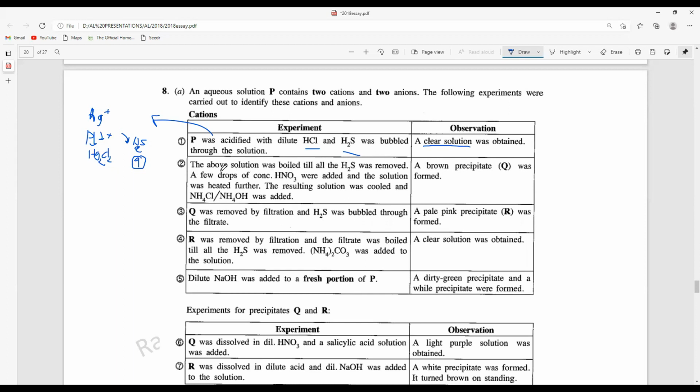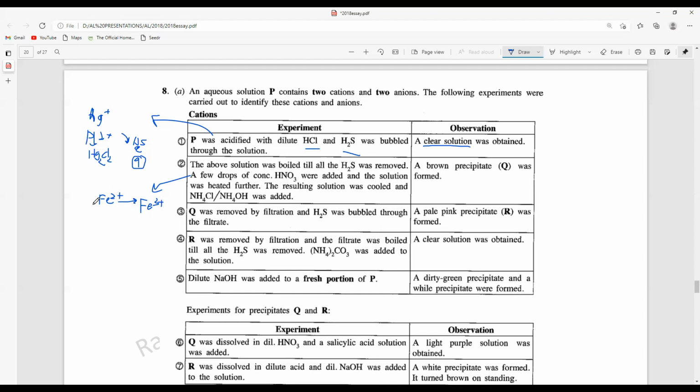Okay. The above solution was boiled till H2S was removed. A few drops of conc HNO3 were added. If you remember about group 3, we normally add this HNO3 to convert Fe2+. If Fe2+ is here, you can convert this to Fe3+ by adding conc HNO3.